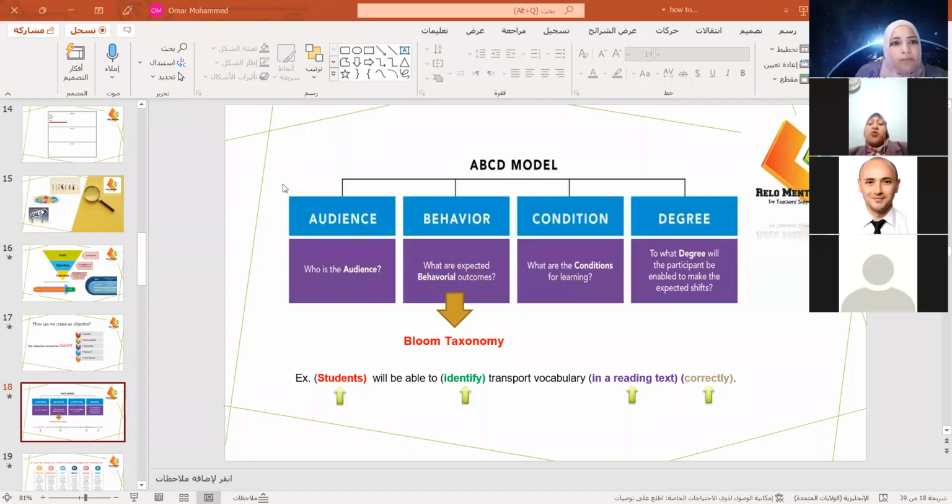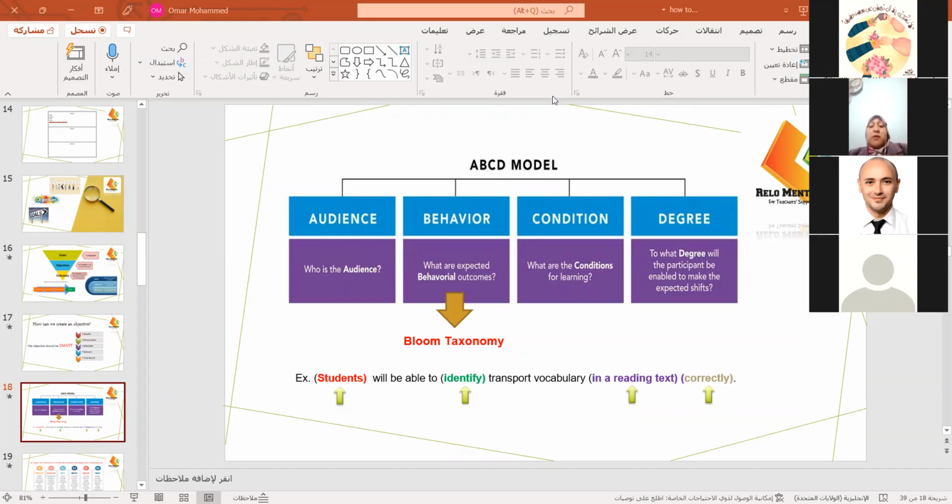So can anyone tell me any objectives that you have in your lessons? What is the form of the objective? How do we start our objective? Anyone would like to share? Okay. We start our objective by saying by the end of the lesson, students will be able to, and the age of the group.